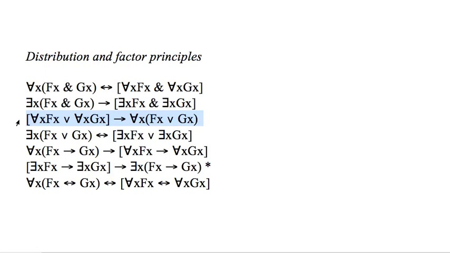You might want to think about examples that demonstrate that. But in any case, for the moment, do the proof either in both directions if it applies, or in one if that's all we have. Another two-way principle. If something's an f or a g, then something's an f or something's a g. And conversely, if something's an f or something's a g, then something is an f or a g.